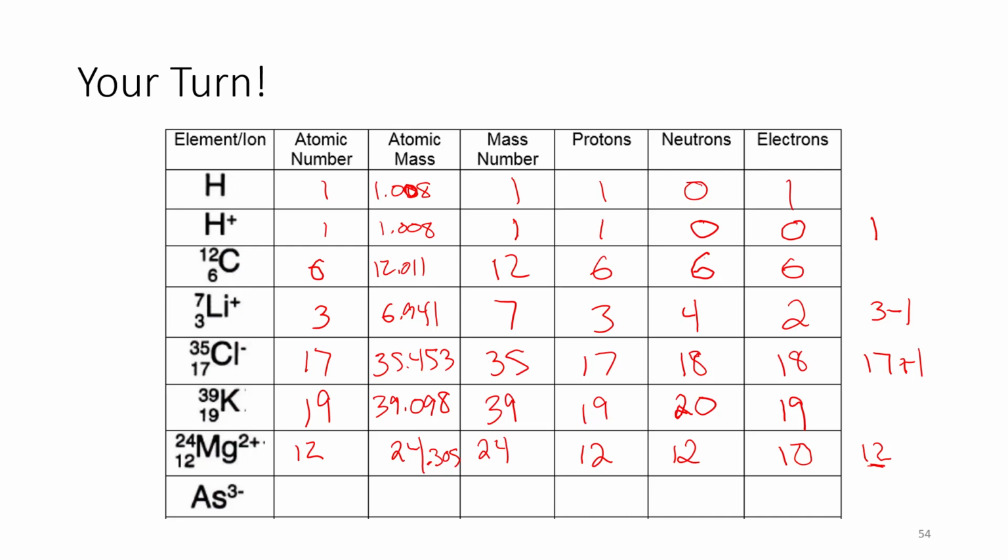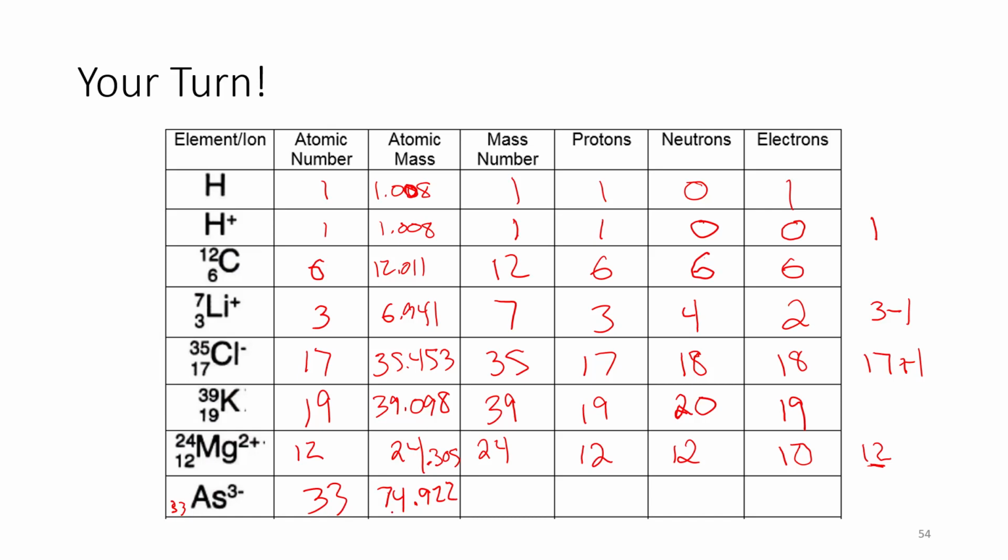And then we go to the last one, arsenic. So arsenic on the periodic table is number 33. So if we put this 33 down here, we know 33. The atomic mass from the periodic table is 74.922.